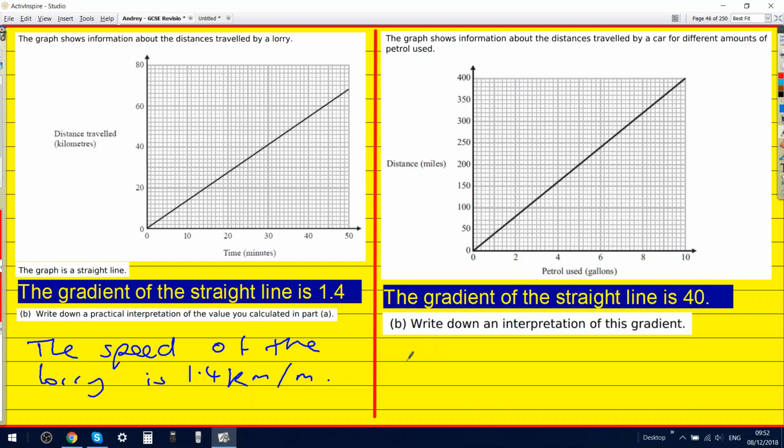Gradient, straight lines. So the amount of petrol a car has burnt.